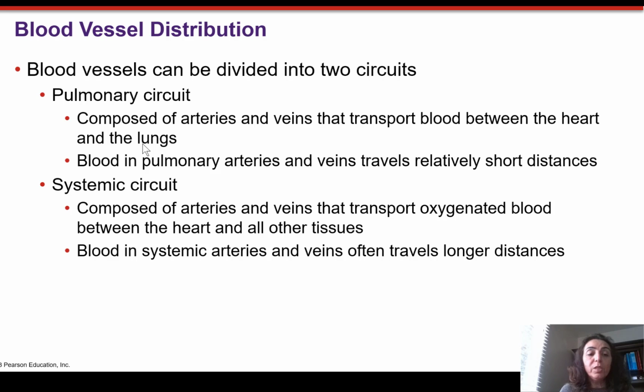But from the systemic circulation, from the thoracic aorta, we have branches that separate and go to the lung too.